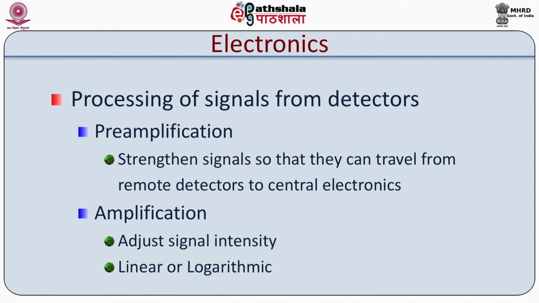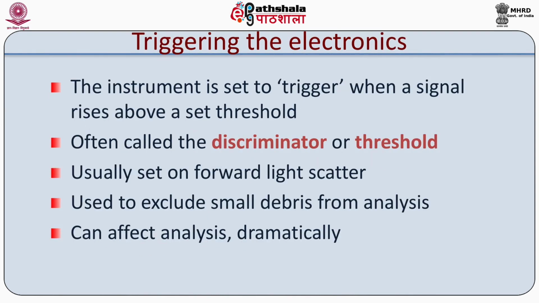Now, amplifiers can be set in the linear or the logarithmic scales. Log amplification is generally used to separate negative from dim positive signals, and linear is often used to amplify the scatter and fluorescent parameters. So, what is important to know here is that the instrument is set to trigger when a signal rises above a set threshold.